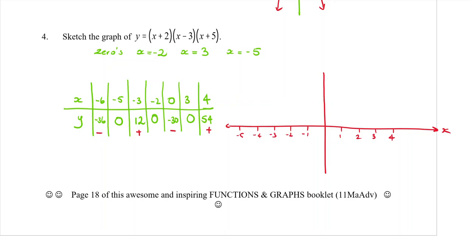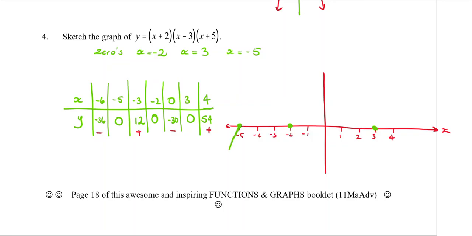All right, so the zeros were at minus 2, minus 5, and a positive 3. Okay, so using the table at minus 6, which I haven't even shown, but that just indicates anything to the left of this minus 5 here. Anything on that side of it is going to start below the axis. So it's going to start down here like that.